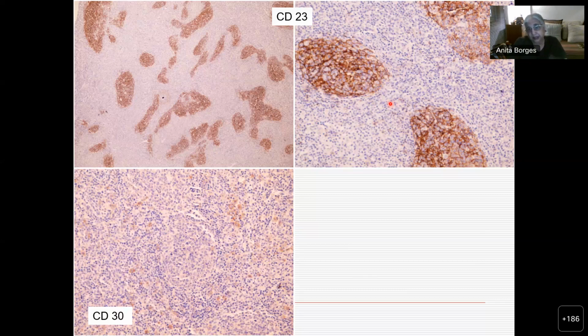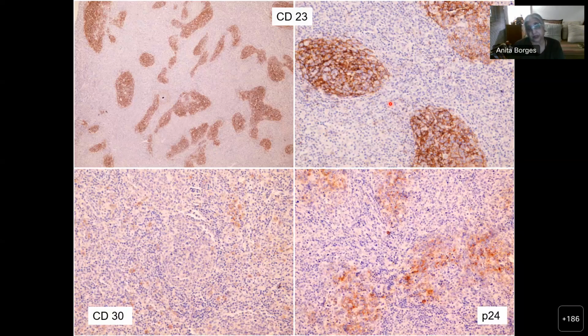Fortunately, now we have the P24, which is the HIV antigen. You notice that P24 is exactly in the same distribution as your CD23. P24 is expressed in follicular dendritic cells in patients who have HIV.